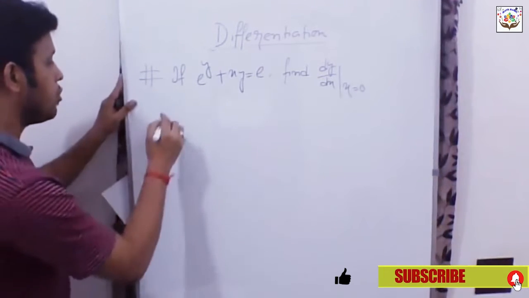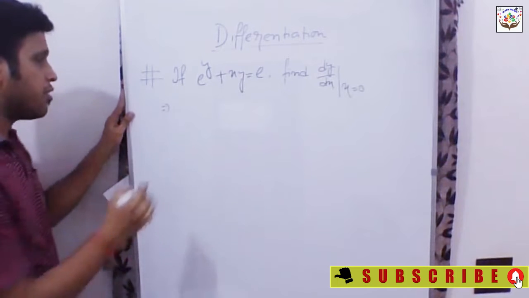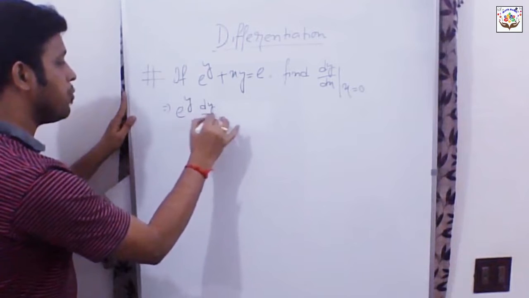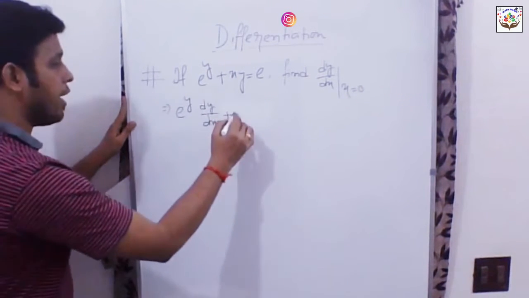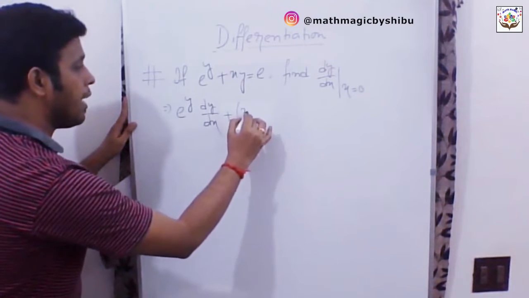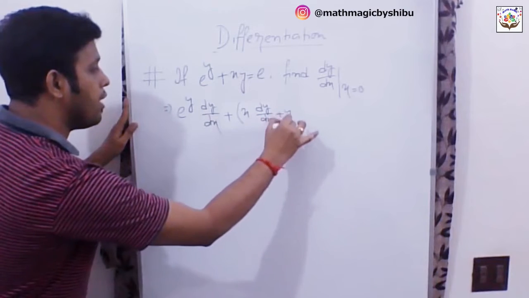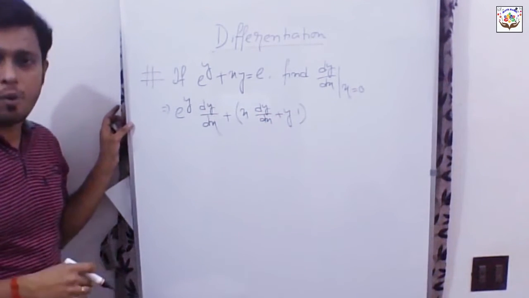Okay. So if we differentiate both the sides with respect to x, we will have the differentiation of e to the power y is e to the power y dy/dx. Okay. And the differentiation of xy will be x constant dy/dx plus y constant, d/dx of x is 1, like we did in the previous problem also.